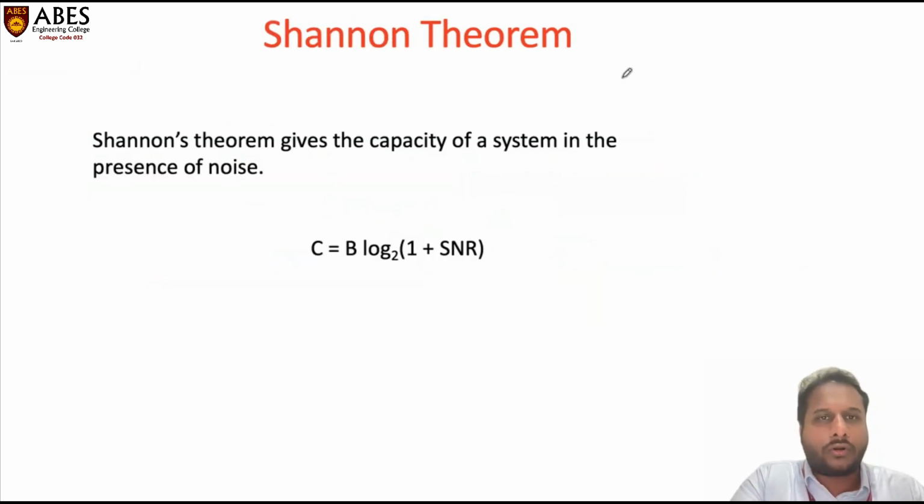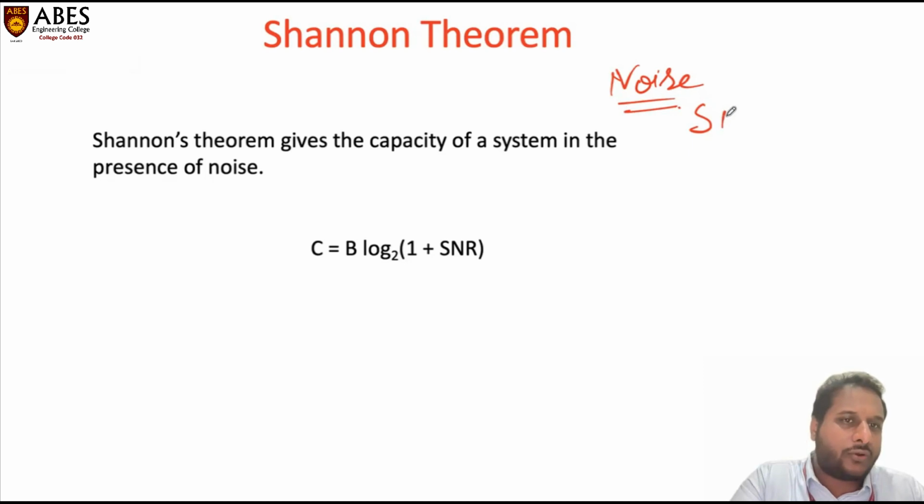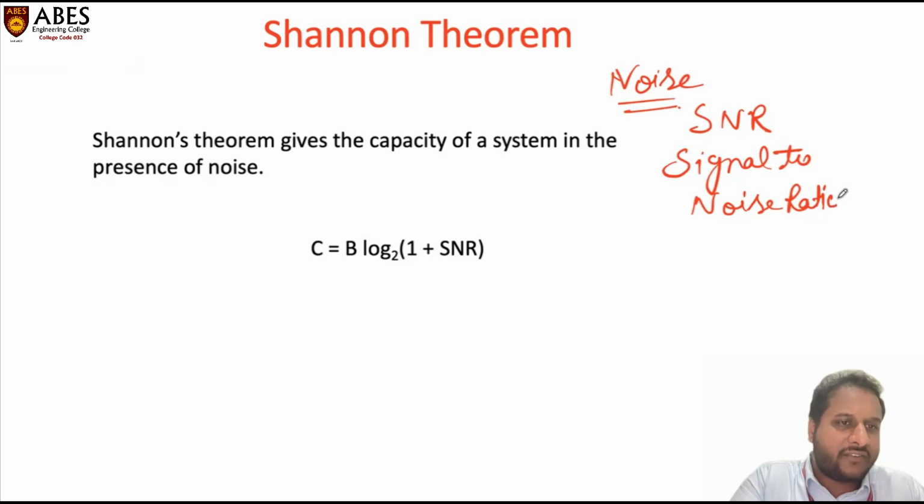Now we will talk about noisy channel. When there is noise involved, we will always calculate SNR, means signal to noise ratio, or we can say that we find the ratio of average signal power upon average noise power.